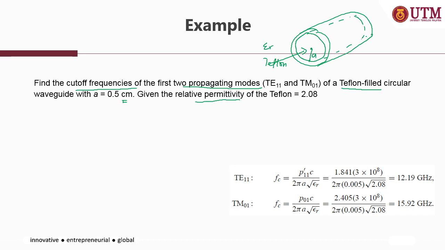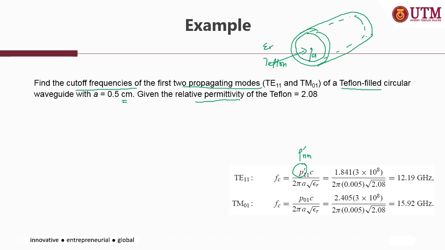You can simply calculate the cutoff frequencies for both modes by referring to the equations. The answer is provided down here, so you just need to familiarize yourself with the parameters involved. For the TE mode, you need to refer to rho prime NM, in this case N equal to 1, M equal to 1.